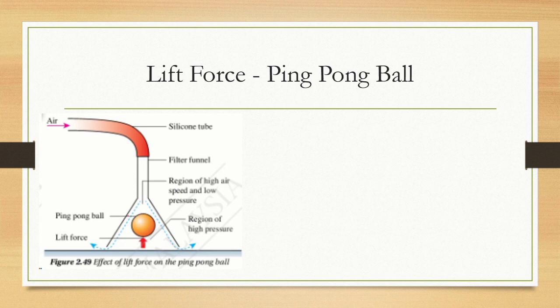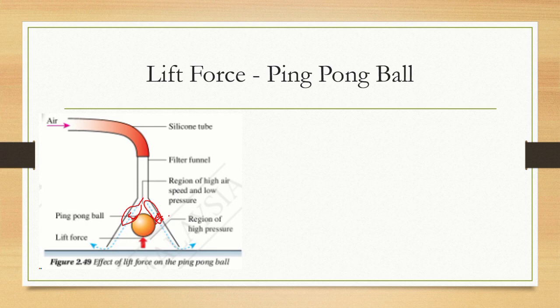So can you see this area is very narrow and also this area, and so this area we call as the region of high air speed and low pressure, because when the diameter between this is very narrow, the velocity of the air will become high, right?